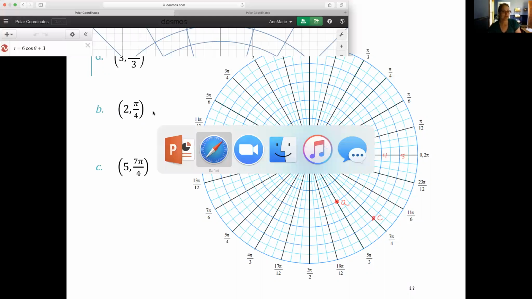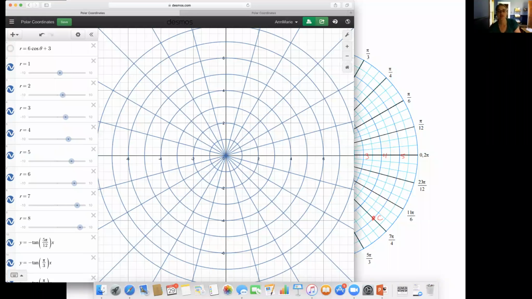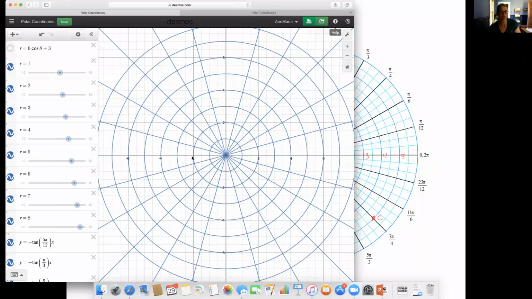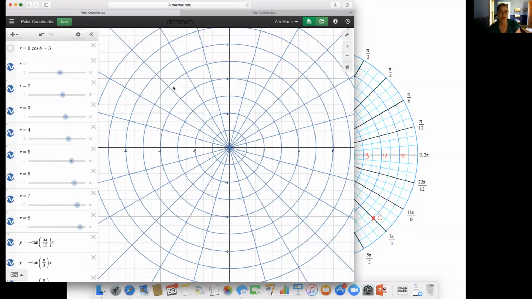So let me turn off this. All of these blue guys are what make our grid for our window over here. Sorry, whoops. Here we get two fighting mice, and I just switched to one. There we go.